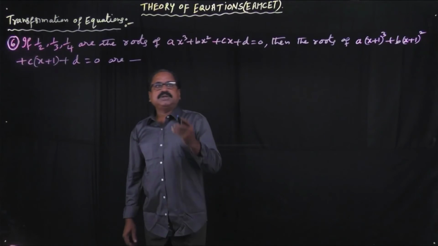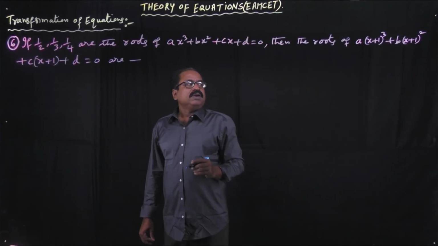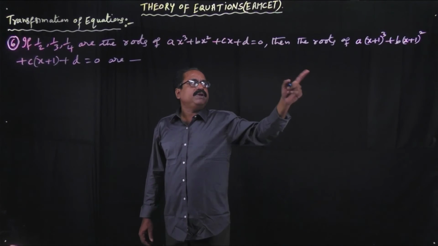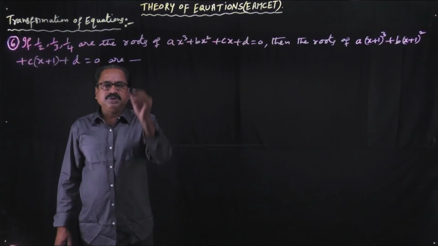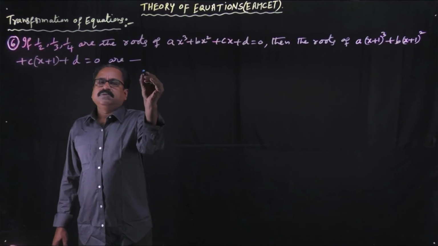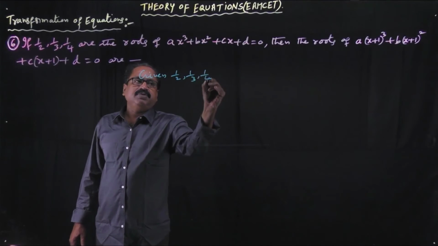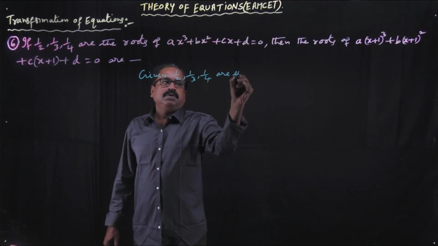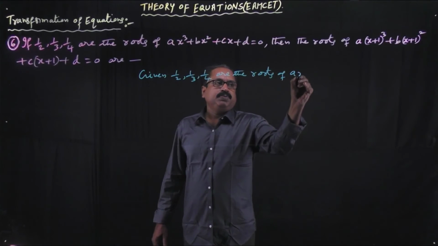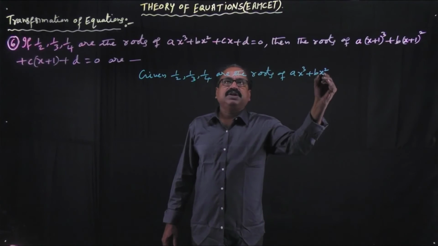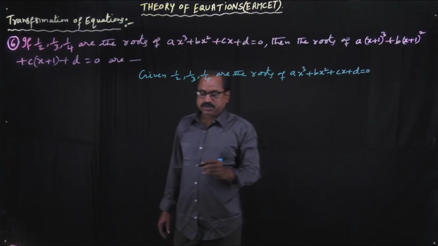So sixth one is, if 1 by 2, 1 by 3, 1 by 4 are the roots of ax cube plus bx square plus cx plus d is equal to 0, then the roots of a into x plus 1 whole cube plus b into x plus 1 whole square plus c into x plus 1 plus d is equal to 0 are, so given 1 by 2, 1 by 3, 1 by 4 are the roots of ax cube plus bx square plus cx plus d is equal to 0.